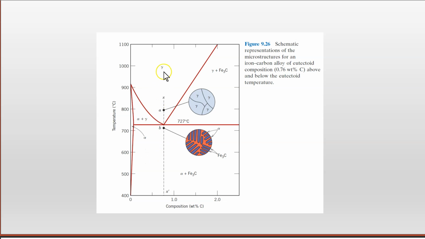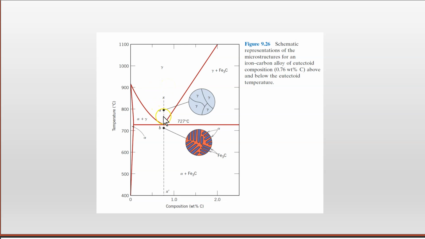We can see here that at temperatures above 727 degrees centigrade, the material is purely composed of the gamma phase, the non-magnetic, face-centered cubic phase, which is quite soft. And so we find the material is quite malleable in this state.